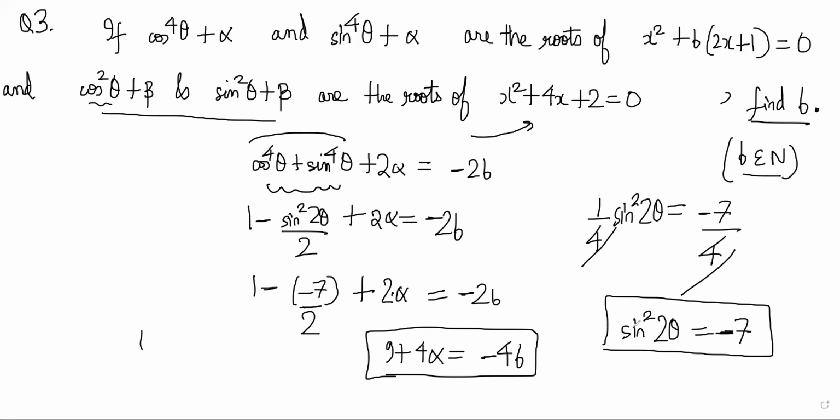Sin square cos square is minus 7 by 4, correct.